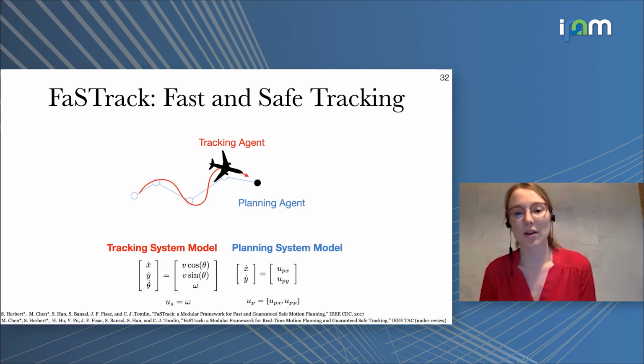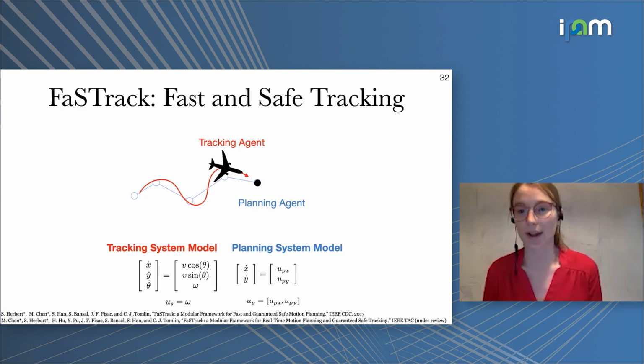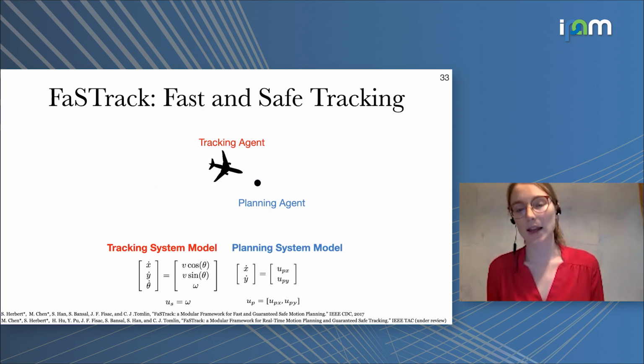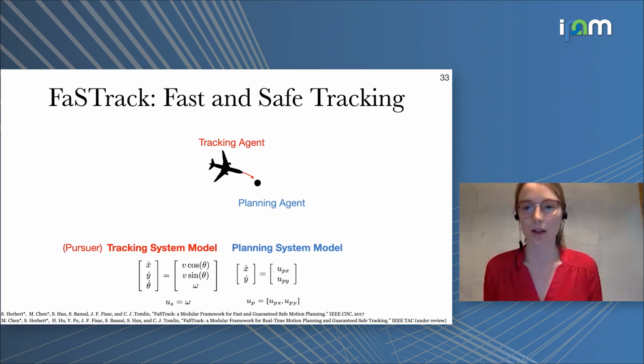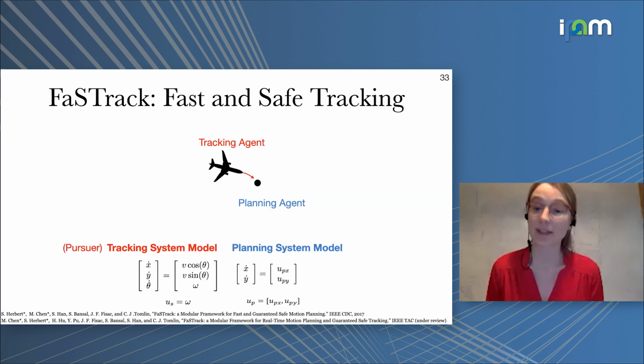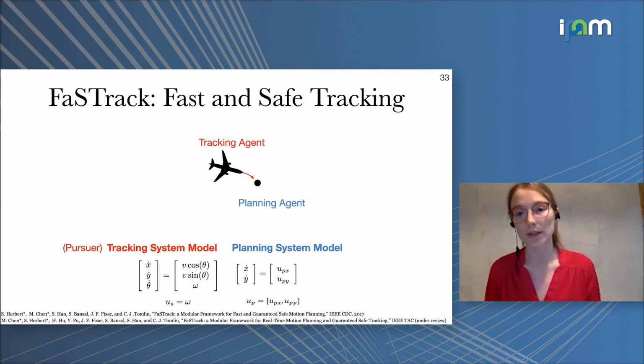And the planning system model, I'm going to have it control its velocity directly. Now, given this setup, let's ask what will be the behavior of the two agents. Well, we know that the tracking agent will be tracking or pursuing the planning agent. And we don't know what the planning agent is going to be doing ahead of time. That's missing information because we don't know what the environment is, and we may not even know what the planning algorithm is.